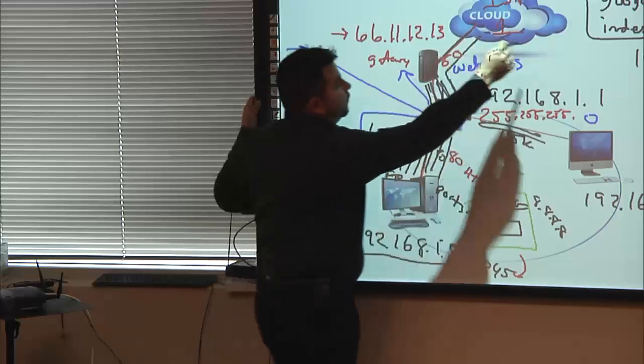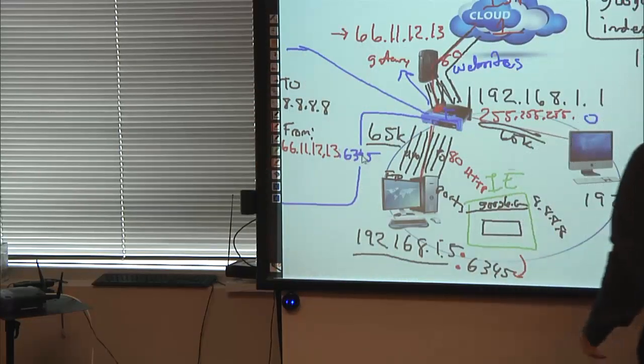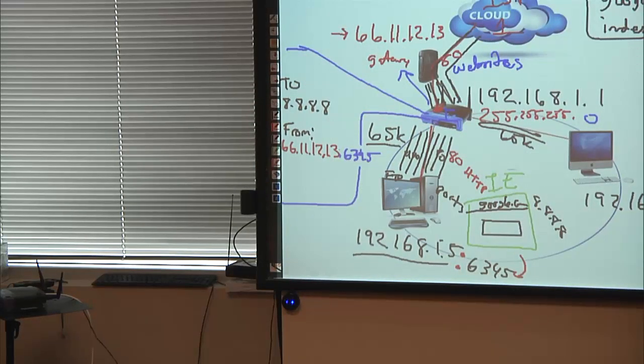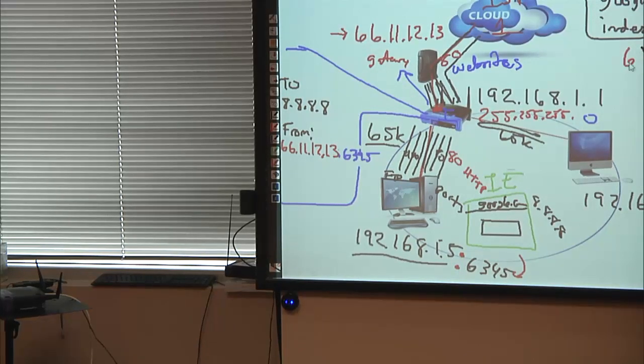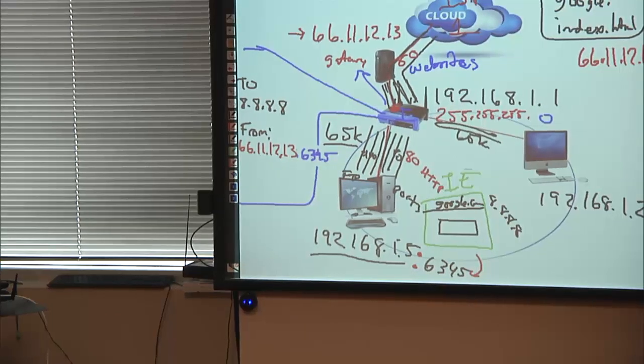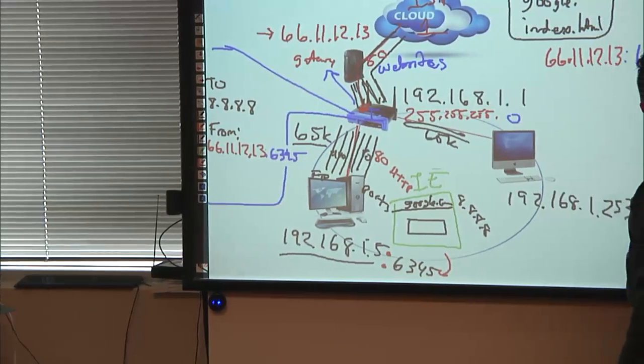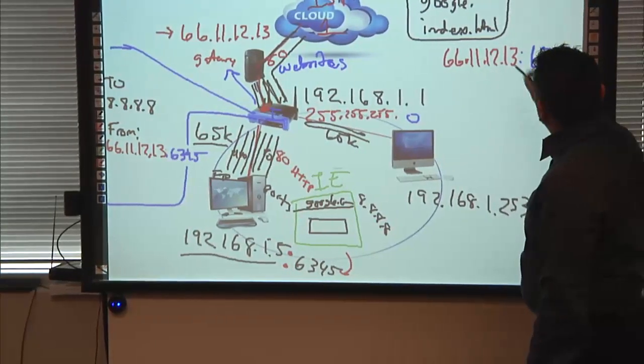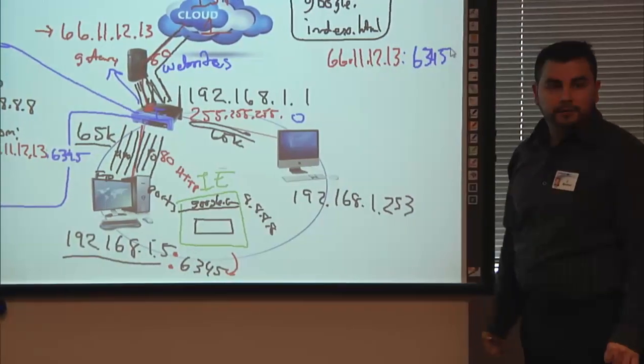So he sends it off to the world, and instead of saying that this IP address needs your index page, he's going to say, hey Google, 66.11.12.13 port 6345 is requesting the index.html.